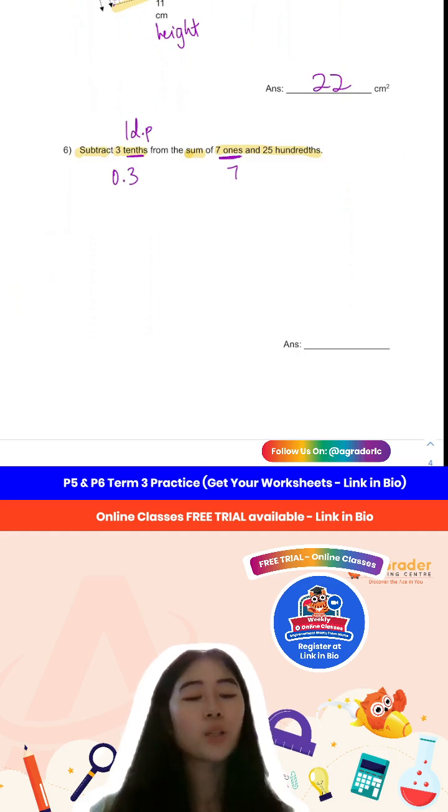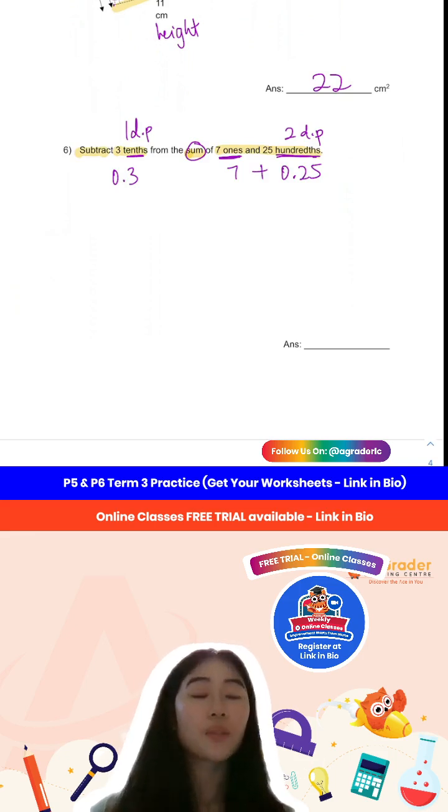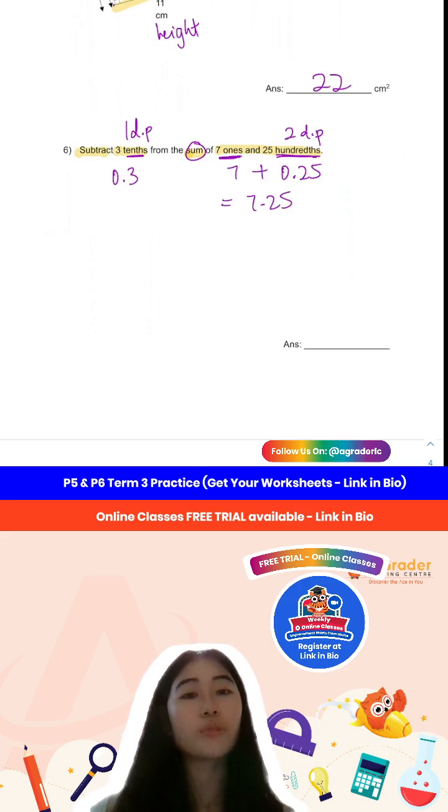And then 25 hundreds. The keyword hundreds with a TH means that there should be two decimal places. So this is actually 0.25. And you're supposed to add them up, okay? Because the keyword sum means you add it up. So if you use 7 plus 0.25, you get 7.25.